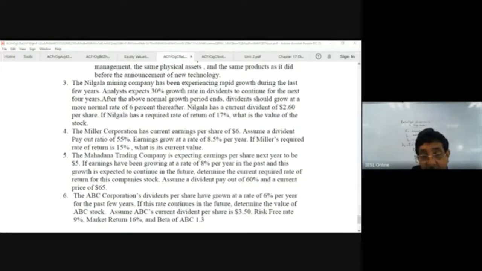Chaitany's answer is correct. You just look at it again. 8.5 is the earnings growth rate. Dividend growth rate is the same.